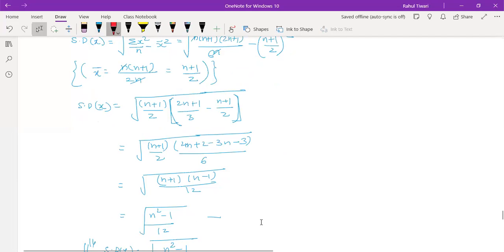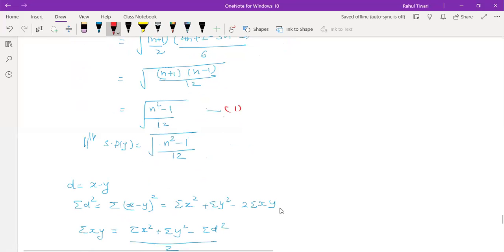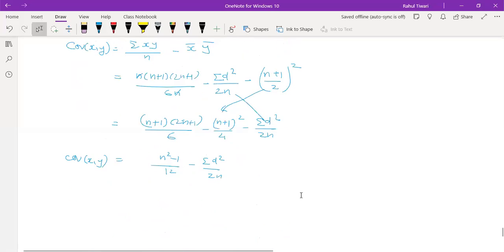So this you can call 1. This you can call 2. This you can call 3, covariance.